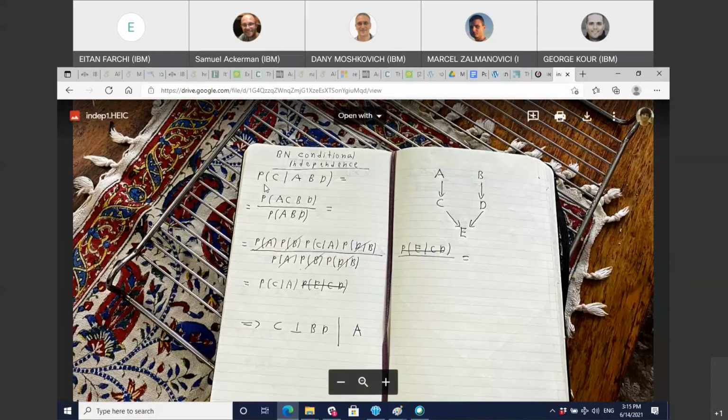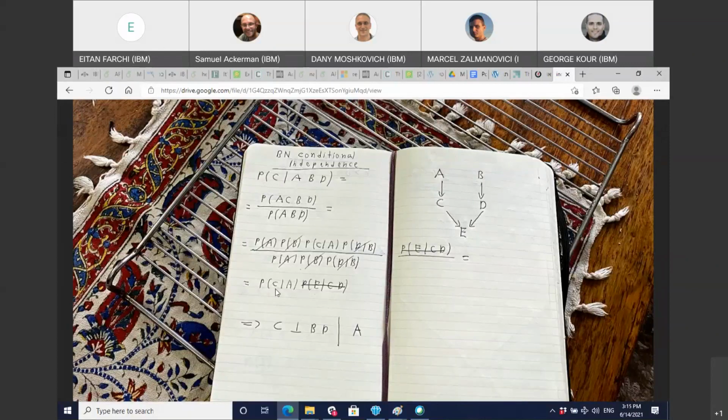If you think about the probability of C given A, B, and D being equal to the probability of C given A, so if I need to represent the probability of C given A, B, and D, in our example, how many rows would I have in the table? 8.